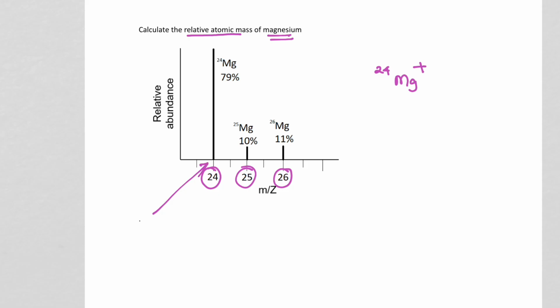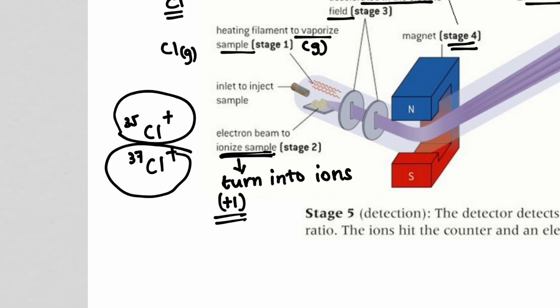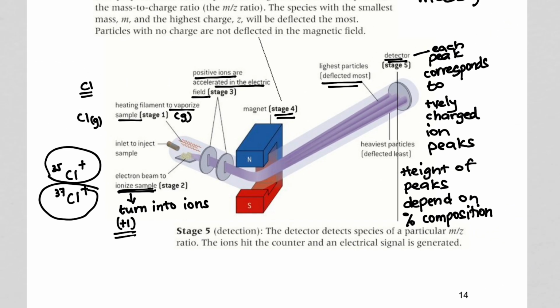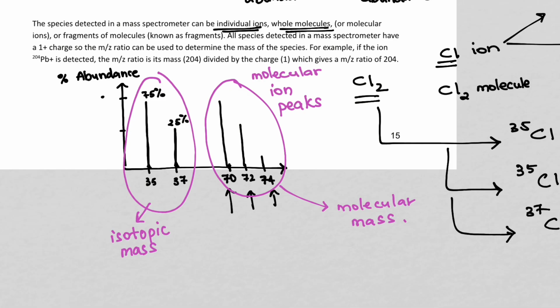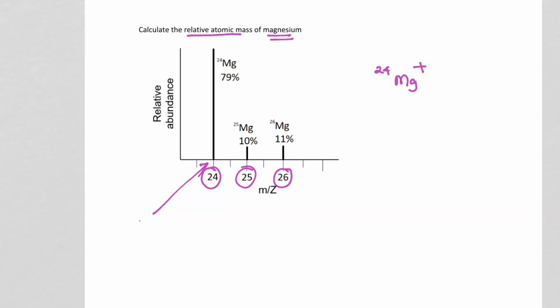It has to be positively charged, because remember that in the process, the sample is ionized, so it has a +1 charge. So all of these peaks have a +1 charge. So this is responsible for this peak. Mg25 plus is responsible for this peak. Mg26 plus is responsible for this peak.